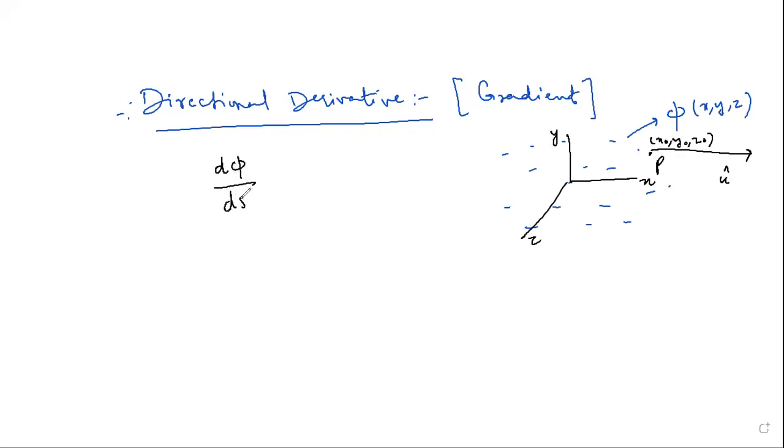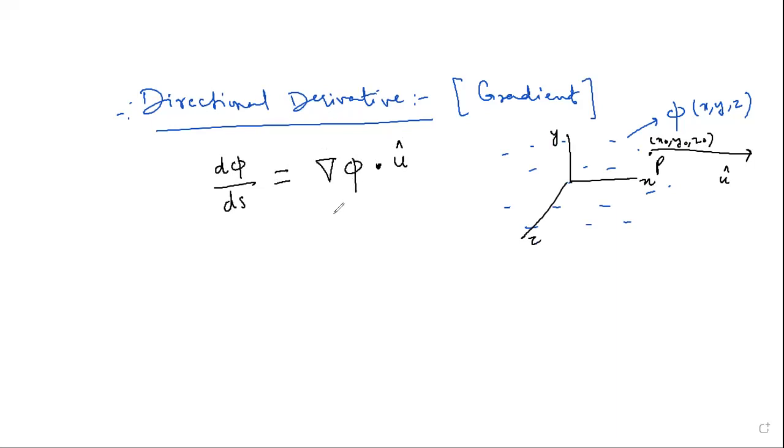I repeat, what is d phi by ds? It is the rate of change of phi with distance at a given point and in a given direction. At a given point, for instance, this point P, and in a given direction, for example, in this direction defined by u cap. We said this directional derivative is the dot product of two things, this unit vector u cap and del phi.